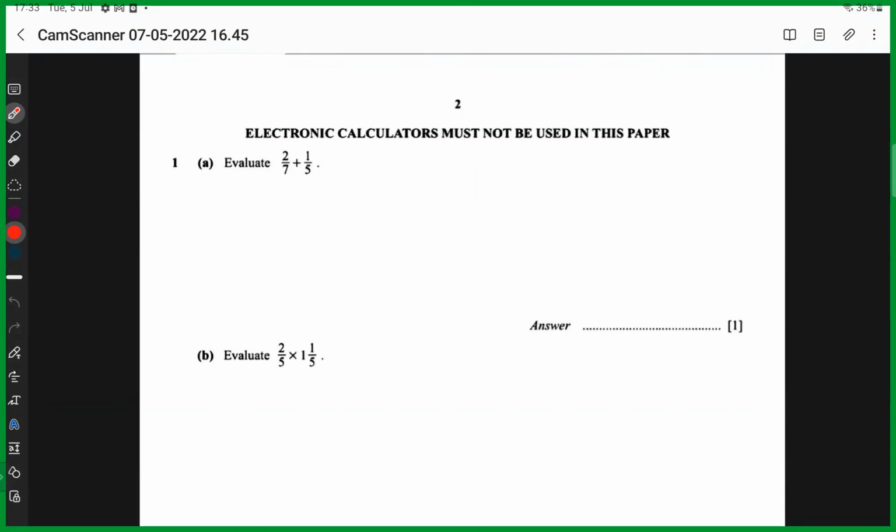Okay. So what is happening in the first question? Now, in the first question, we have two fractions, 2 by 7 and 1 by 5, and they're coming with a plus sign. So I told you, whenever we have two fractions and whenever we have plus or minus sign between the two fractions, we are going to take the LCM.